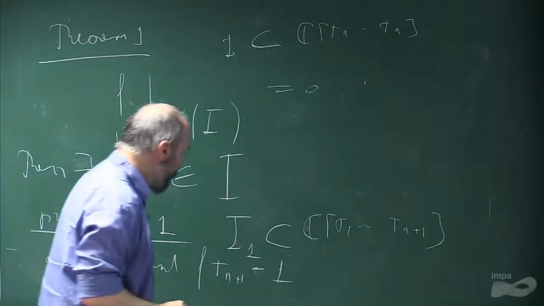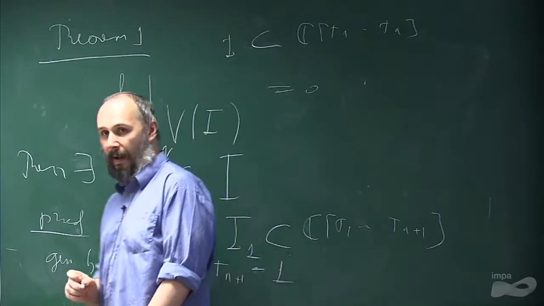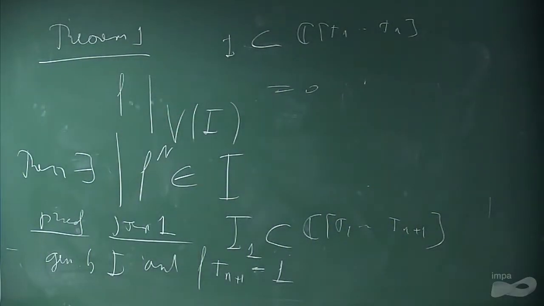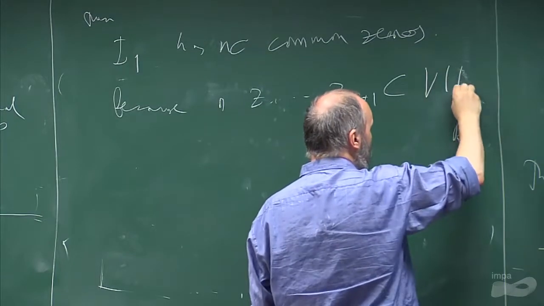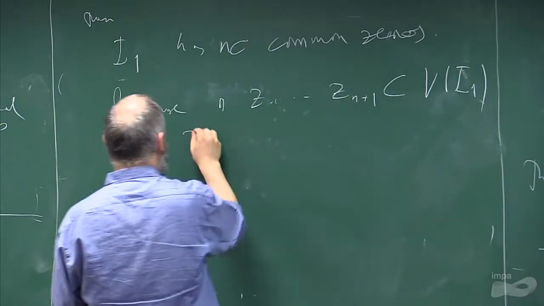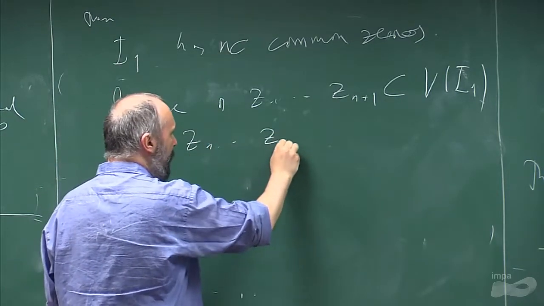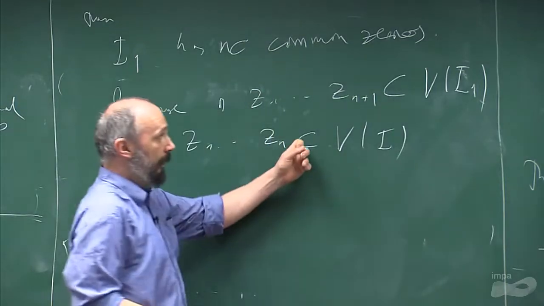Well, first, it contains all elements from I. So if z1 to z n plus 1 belongs to the zero set of the ideal I1, then z1 to z n belongs to the zero set of I, right?